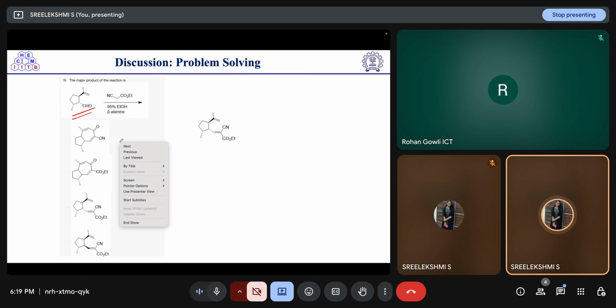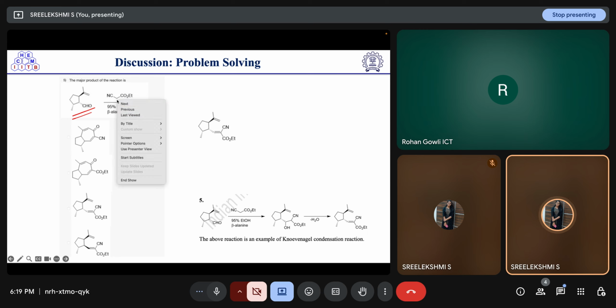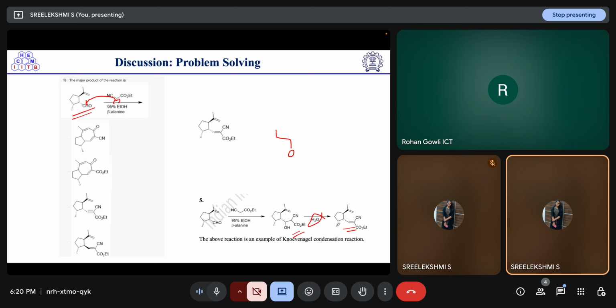So here also the same thing is happening. Ethanol can abstract a proton from this center, then it will go and attack at this aldehyde, and that will result in this kind of system. Here it is shown OH and the CN, CO2Et, then elimination of water will result in this kind of product. So here it is known as Knoevenagel condensation reaction.